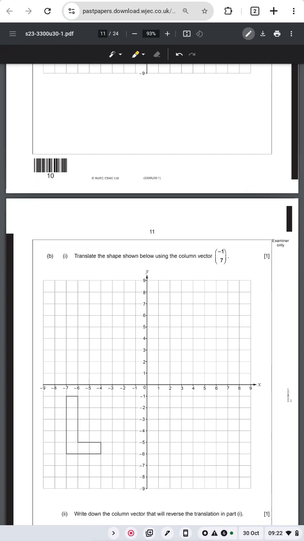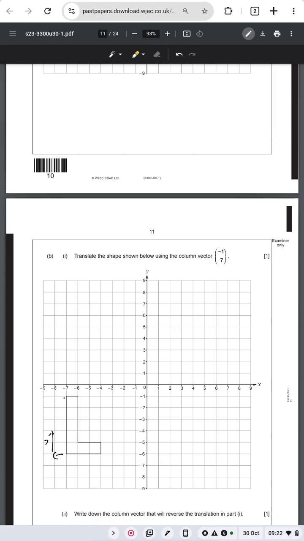Translate the shape shown by the column vector minus 1, 7. So this means the minus 1 means everything's going to shift 1 unit in the x direction. So it's going to shift this way. And then the 7 on the bottom means it's going to move 7 units in y. So it's going to go up 7 units this way. So let's take this point.